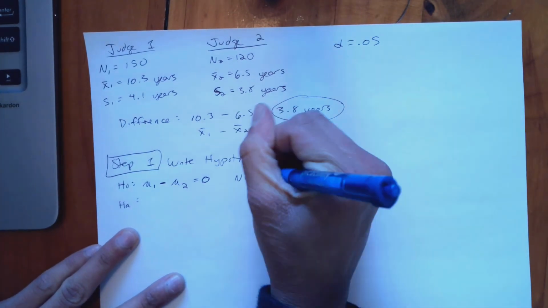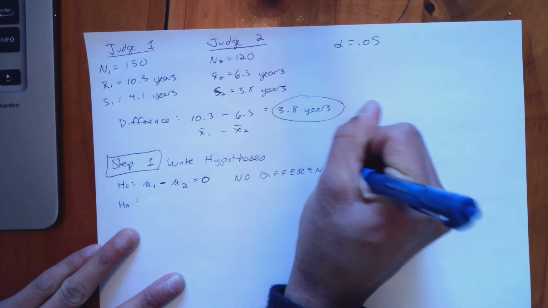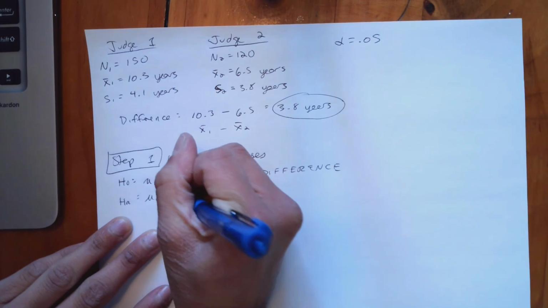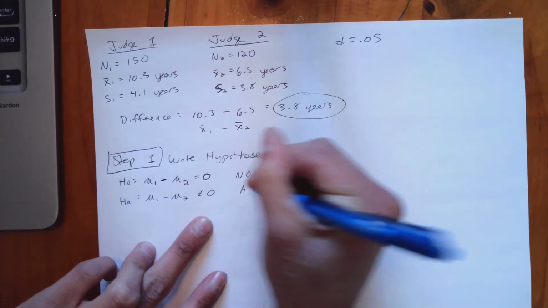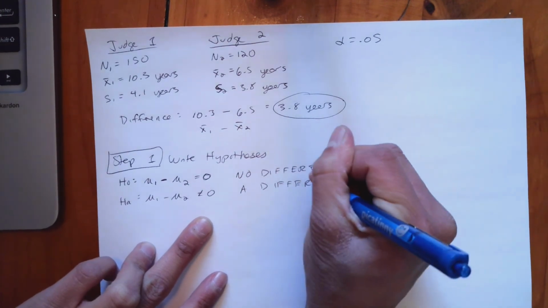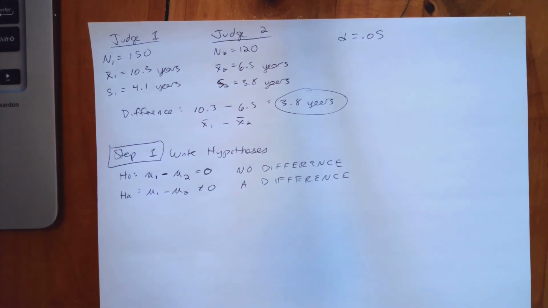In other words, there's no difference. Our alternative hypothesis is the opposite: if you subtracted them, you'd get something other than 0. So there is some difference between how these judges assign their sentences.